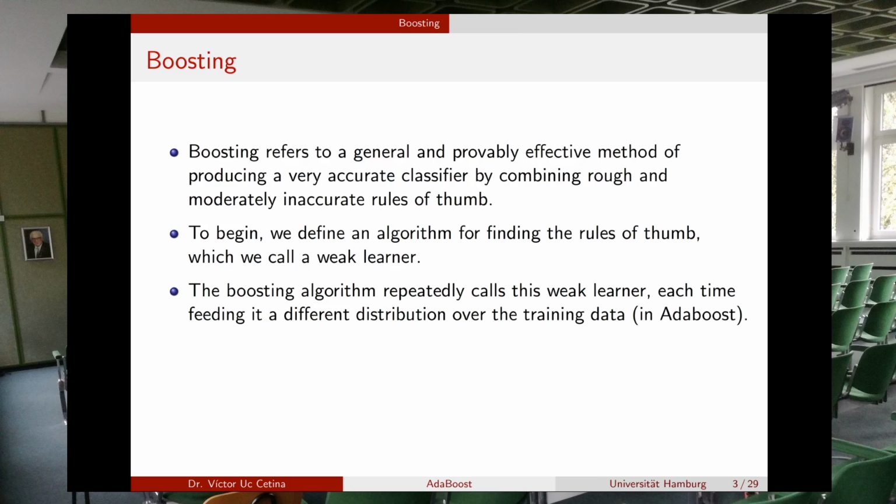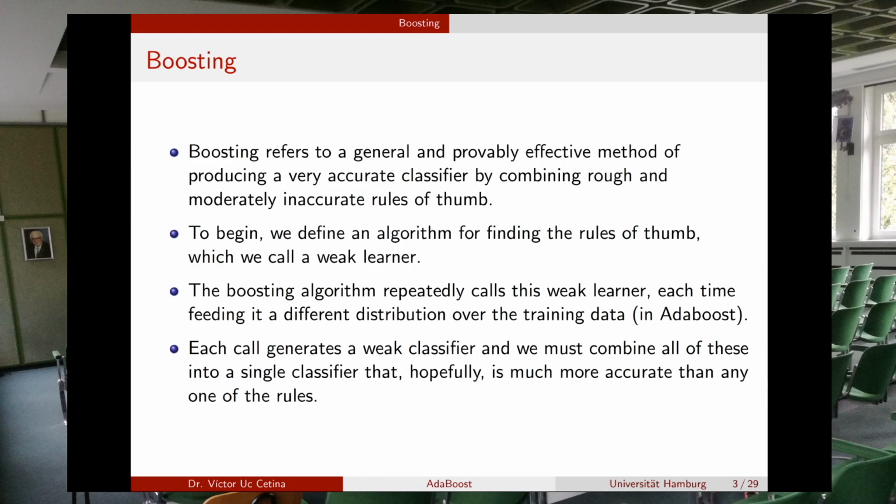When we program an algorithm that is able to adapt these weights by itself, then we are talking about an adaptive boosting algorithm. The first algorithm that did this kind of self-adaptation was called AdaBoost.